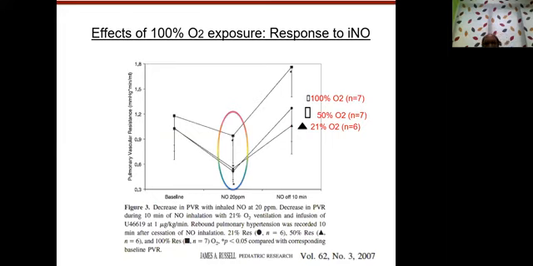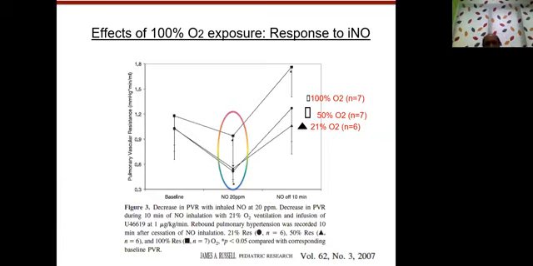Now looking at what happens when you give nitric oxide, from the baseline value of pulmonary vascular resistance when these subjects are being exposed to 100% oxygen in response to nitric oxide. What you can see is a definitive drop in the pulmonary vascular resistance when you start nitric oxide at 20 parts per million from the baseline value.